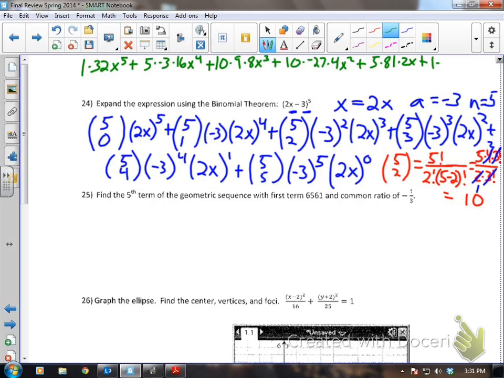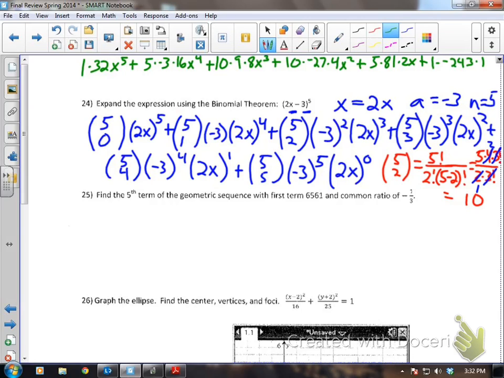I think it's negative 243, but let me just try it here real quick on the calculator. Okay, so I'm doing negative 3 to the 5th power. Yeah, it's negative 243. So times negative 243 times 2x to the 0 power, so that's just 1.